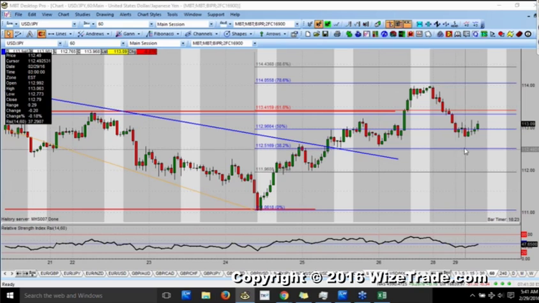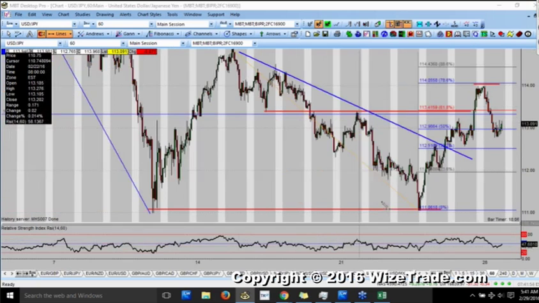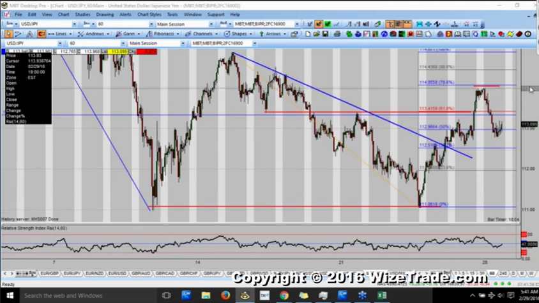So now at 114, it's going to be interesting to see how we respond up here. And I remember last week, if I'm not mistaken, we had 114.10 written down for whatever reason, which would be the 786 retracement or close to.